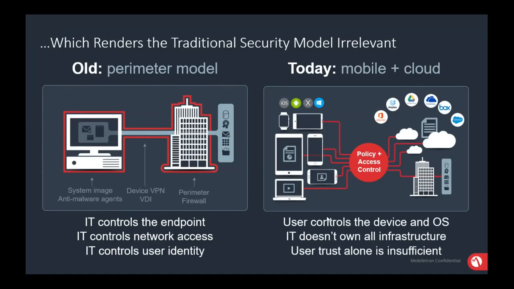Now, since people are accessing from mobile devices, with data either on-prem or in the cloud, trusting the user alone won't be sufficient. So IT has to put policies and compliance in place to let users securely access corporate data.